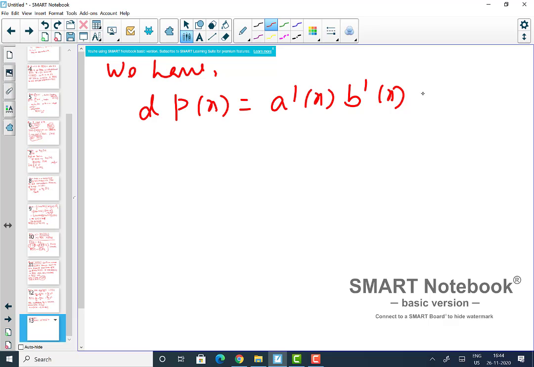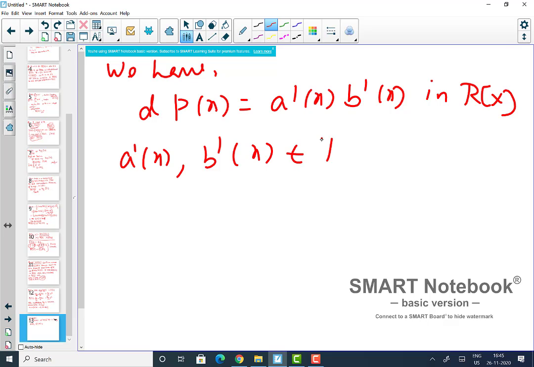So this is in R[x] now. This a dash x and b dash x are elements of R[x].